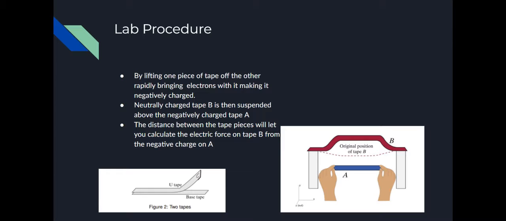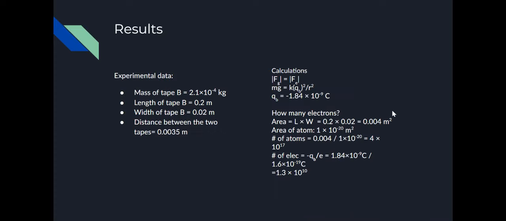And then once they're separated, you can suspend the tape that is left on the table, and you're able to take tape A and put it by tape B and move it and see where the forces equal out. So at that distance, you'll have a better idea of where to collect the data, meaning what data is the most useful at that point.